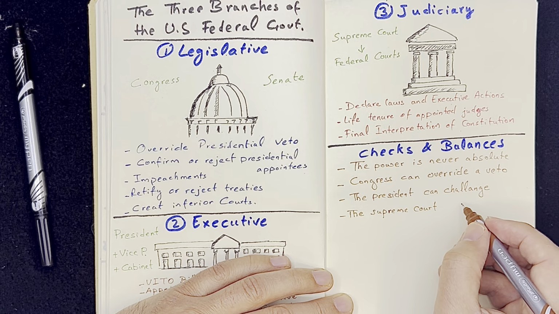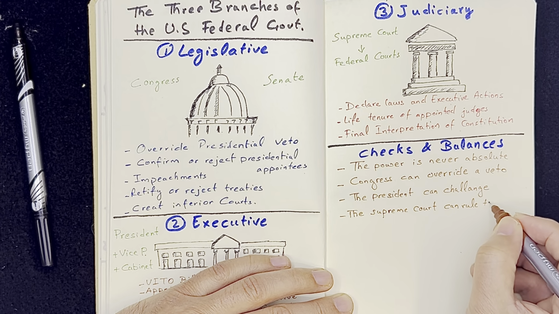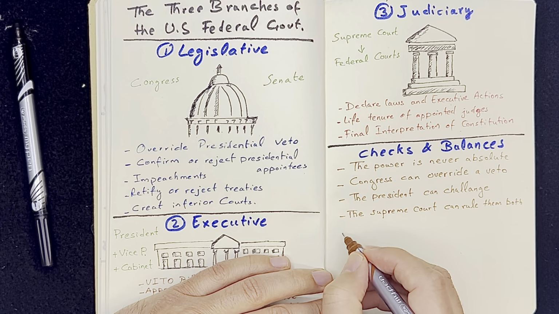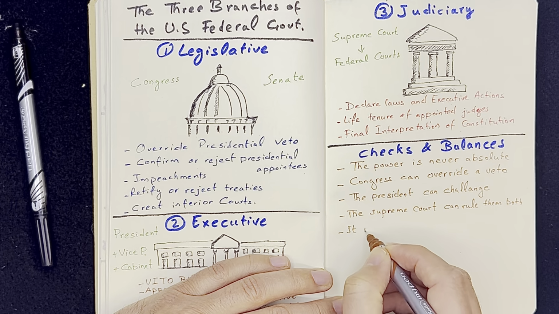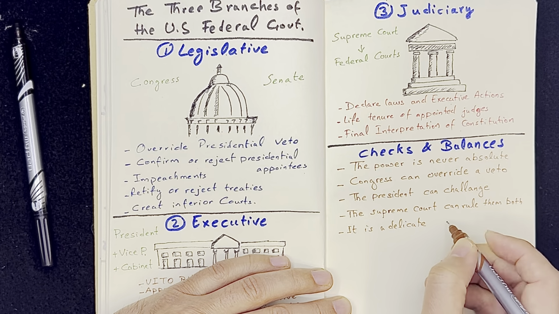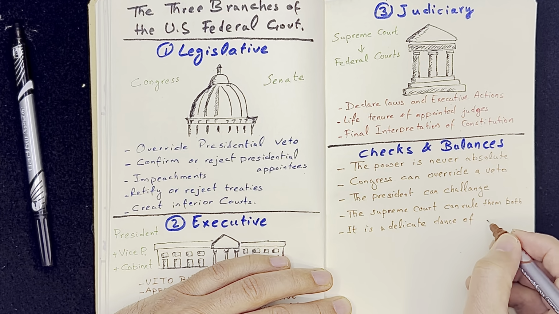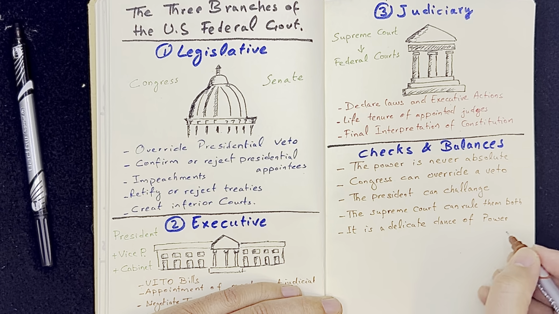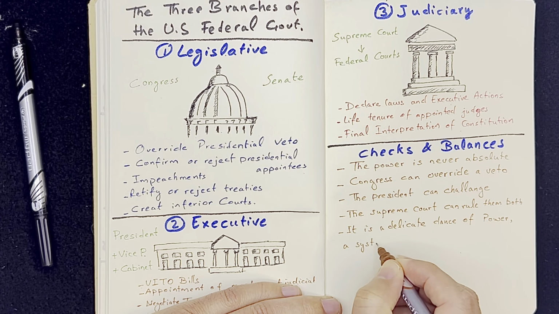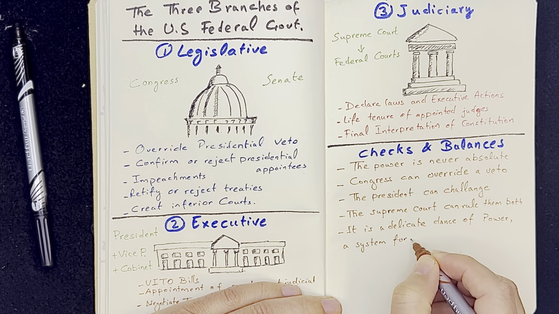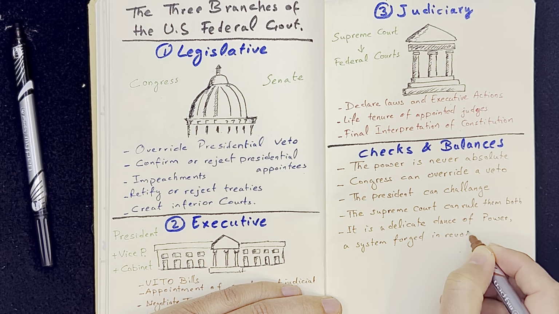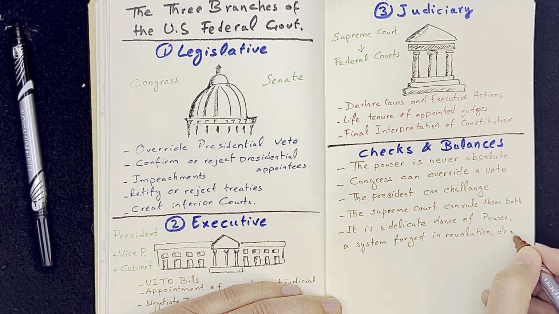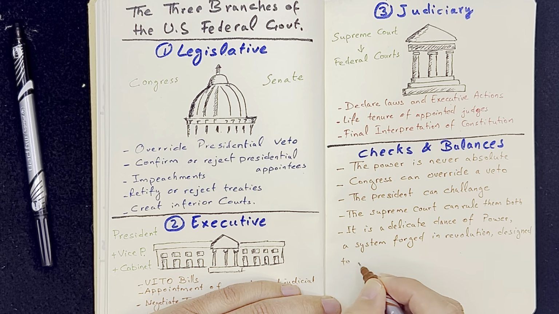It's a delicate dance, designed in the wake of revolution to prevent tyranny and protect the very essence of democracy. So, three branches, one government, a nation built on balanced justice and the enduring strength of its constitution.